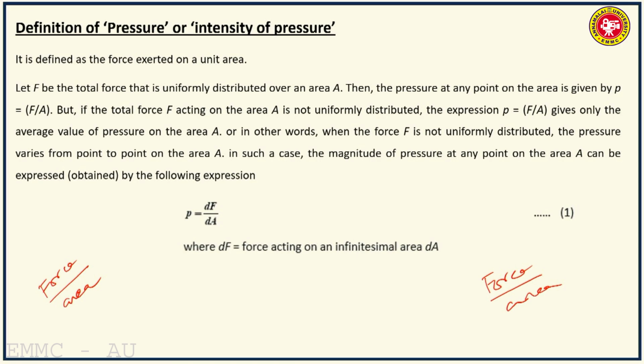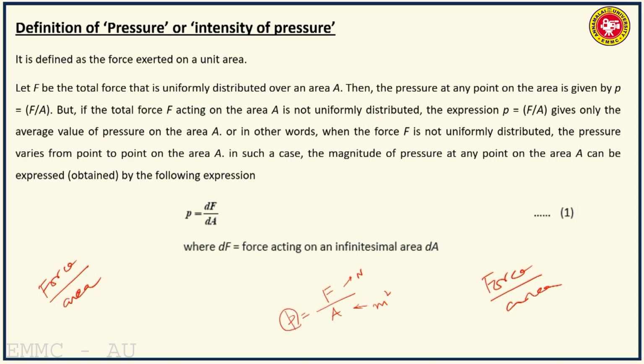Suppose F is the total force which is distributed over an area A. Say the total force is uniformly distributed, then the pressure at any point, the pressure is denoted by the letter small p, then the pressure at any point on the area will be F by A. So F is the total force in newtons, A is the area over which the total force is distributed uniformly, so area has units meter square.